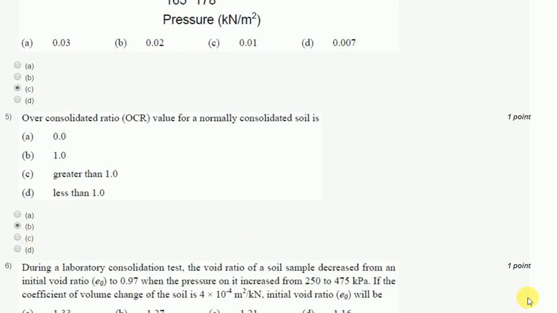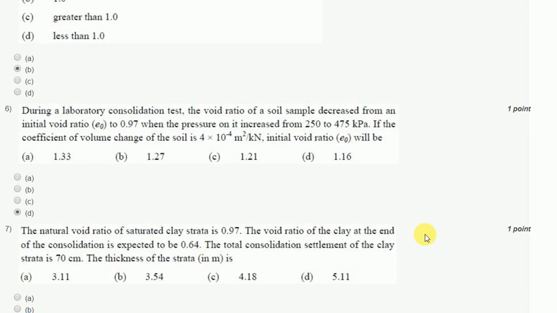Now move to question number 6. In this question, we have to find the initial void ratio. So let's see the solution for this question.